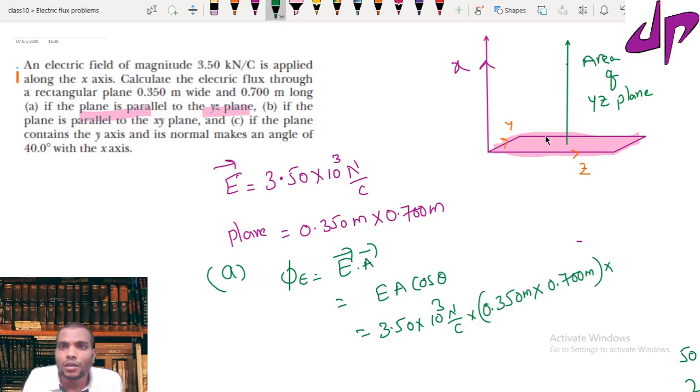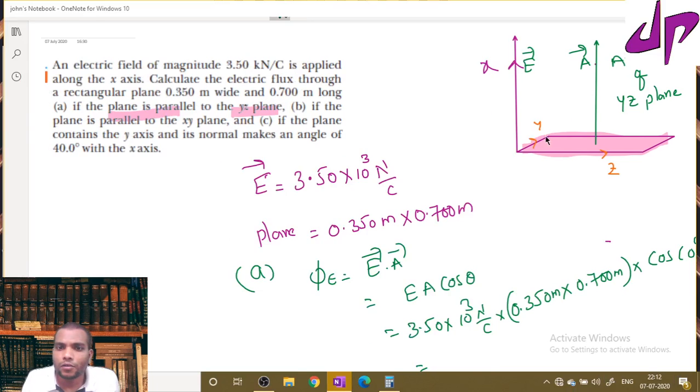Here the electric field and area are both parallel, so the value becomes cos 0 degree. Now we can substitute this value, cos 0 goes to 1, and we can multiply and find the value.